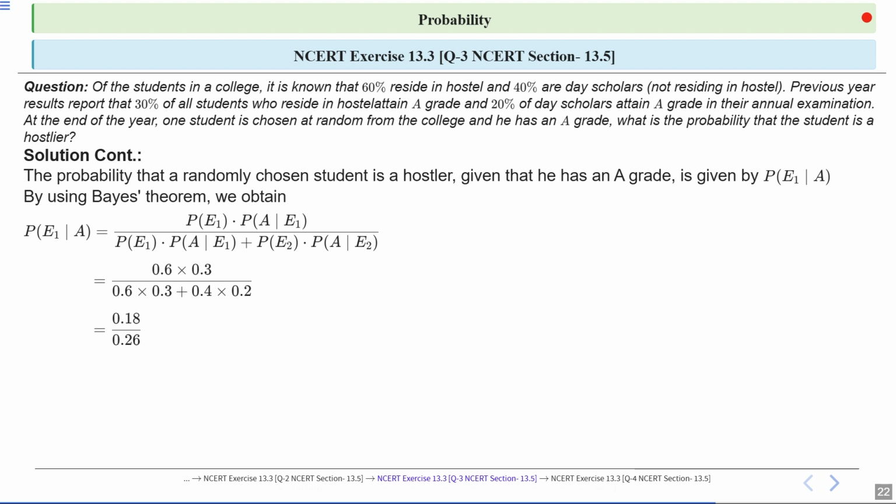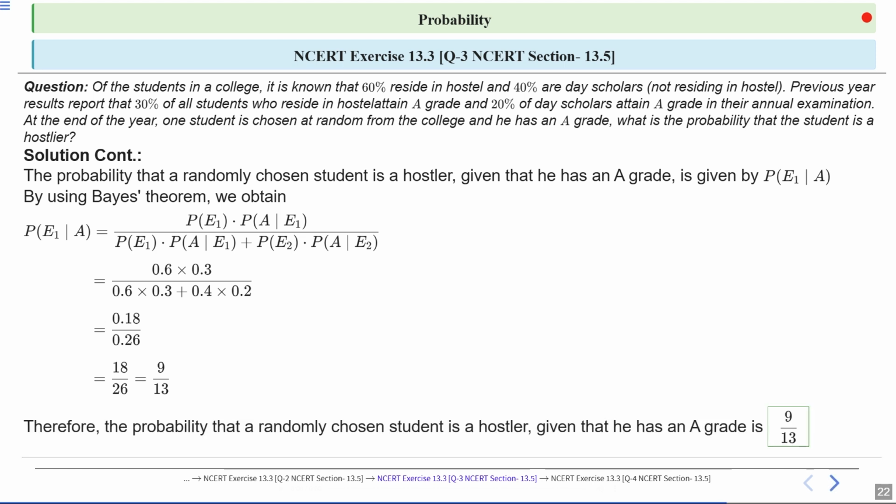So probability of E1 given that A equals 0.18 divided by 0.26, and this is equal to 18 by 26, and further simplifying it you will get 9 divided by 13. Therefore, the probability that a randomly chosen student is a hosteler given that he has an A grade is 9 by 13.